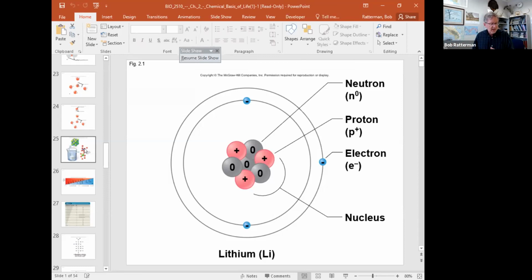Decomposition is just the opposite. It's taking AB and degrading it into its A plus B reactant components. It's like taking sucrose and breaking it down into the two monosaccharides, glucose and fructose. Or taking the protein and breaking it down into its amino acid building block molecules.